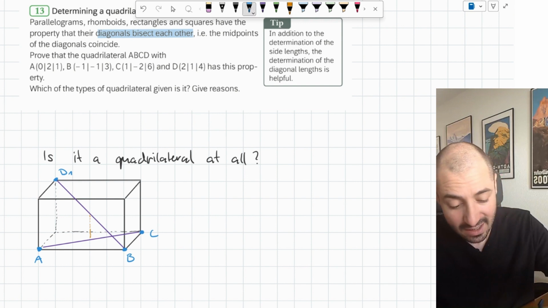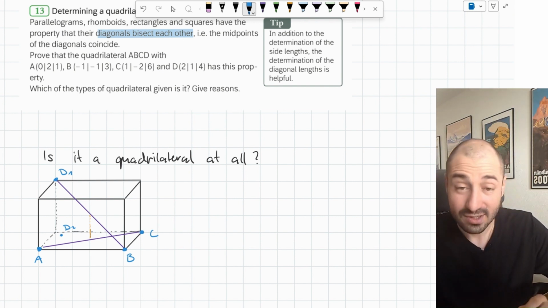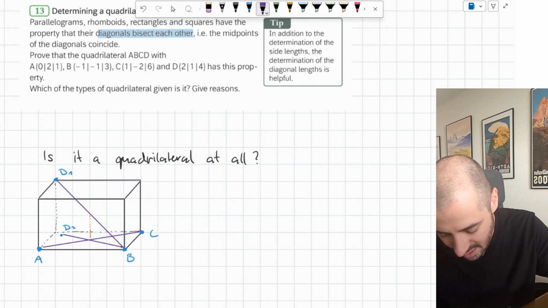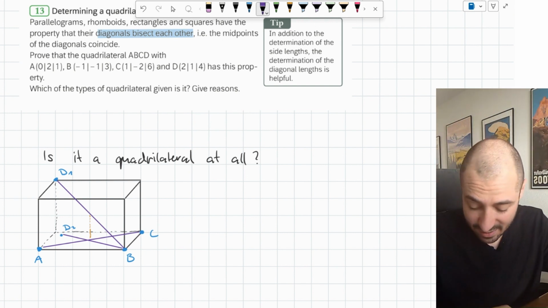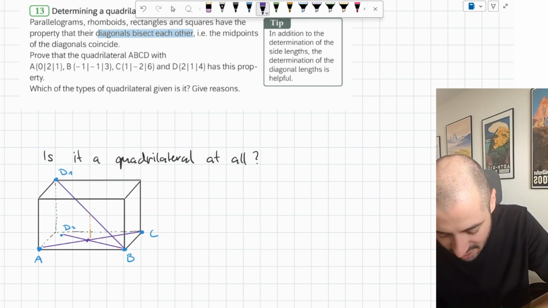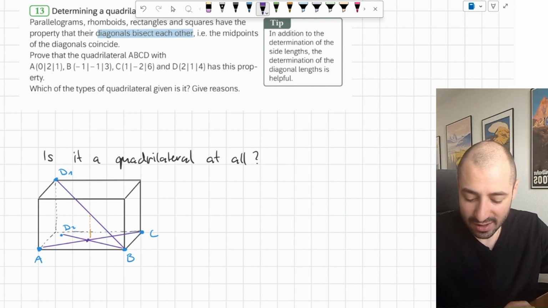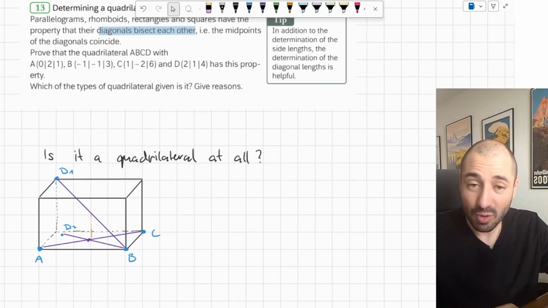Now, in case the points lie on the same plane, so if we have a point down here, D2, that is on the same plane, and we also draw the diagonal here, then these two diagonals would intersect in a point of intersection here. Therefore, diagonals are important, and they tell us whether the 4 points lie on the same plane and form a quadrilateral.